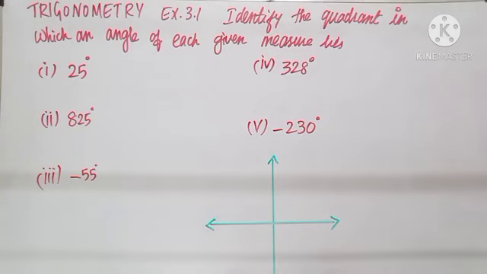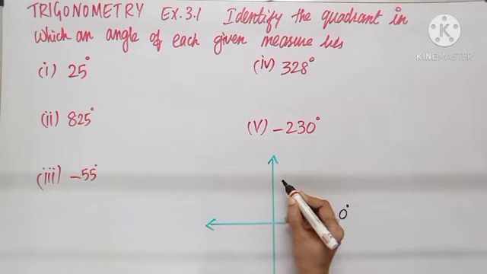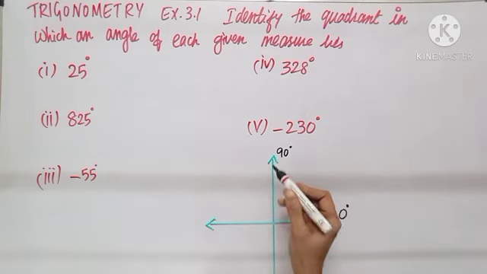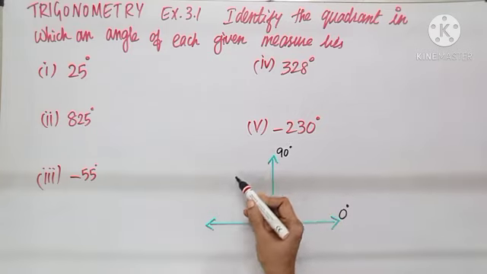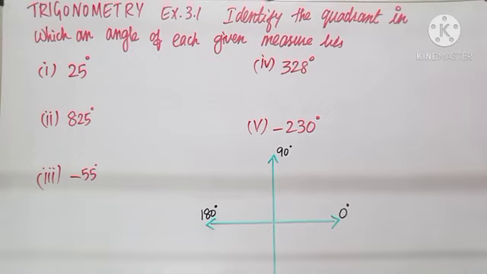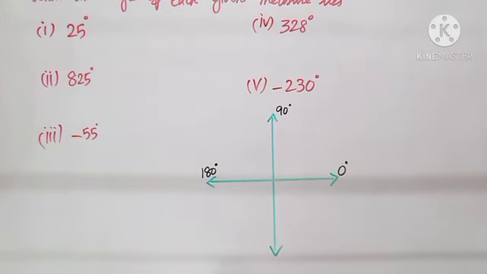Let us remember the quadrant idea. Angle starts from 0 degrees, and as we move on, 10, 20, 30, 40 and so on up to 90 degrees. Keep on moving, 100, 110, 120. When I come here, it is 180 degrees. As we keep on moving, 200, 220 and so on, 270 degrees.